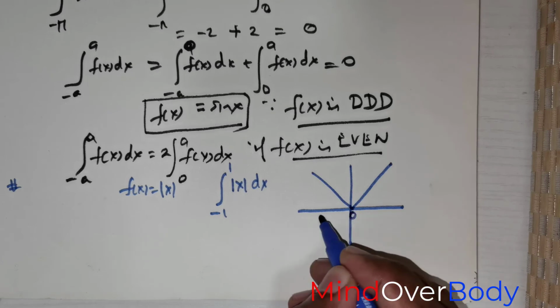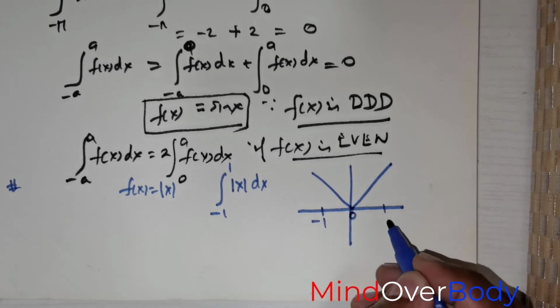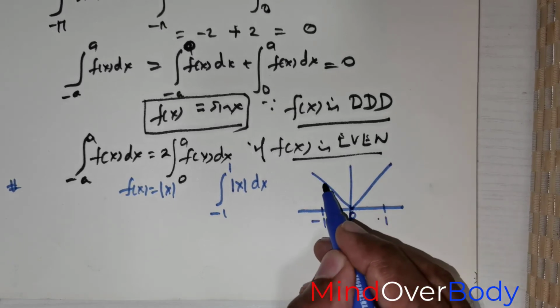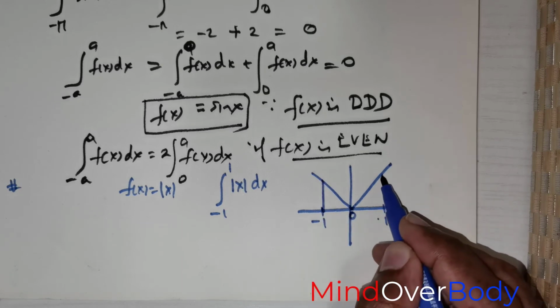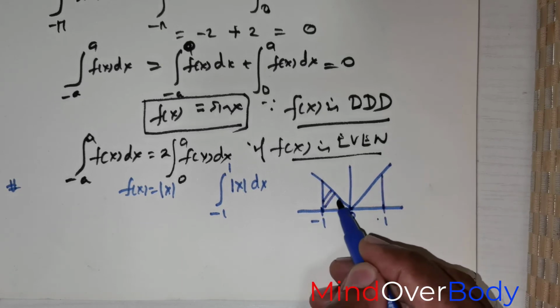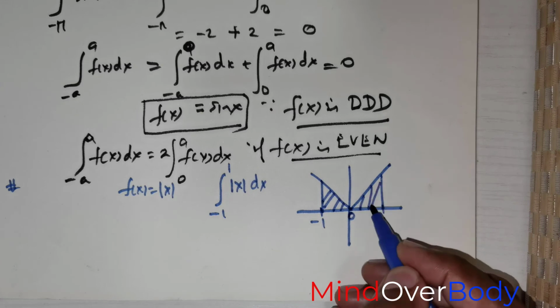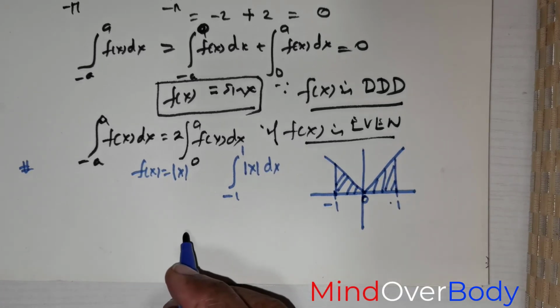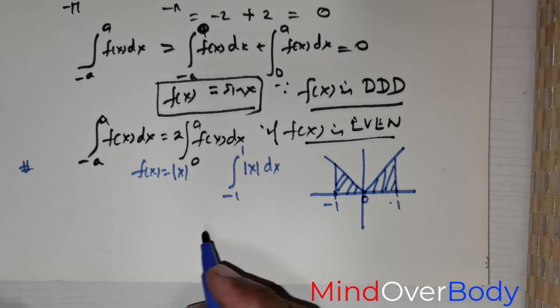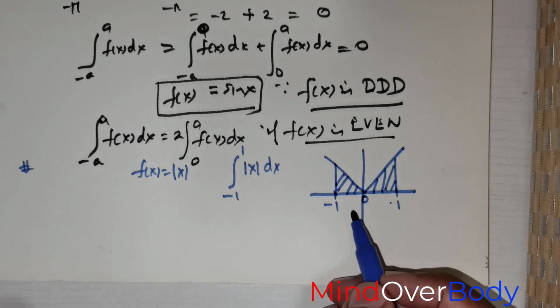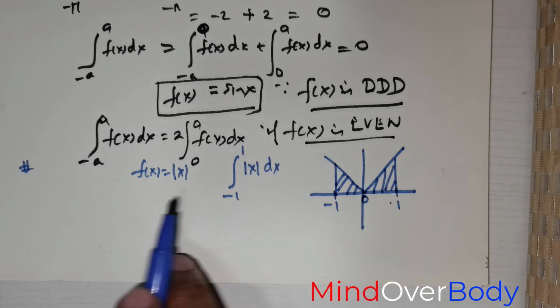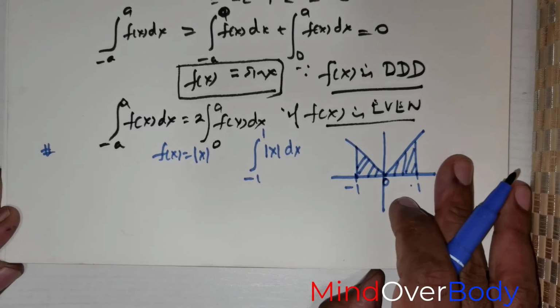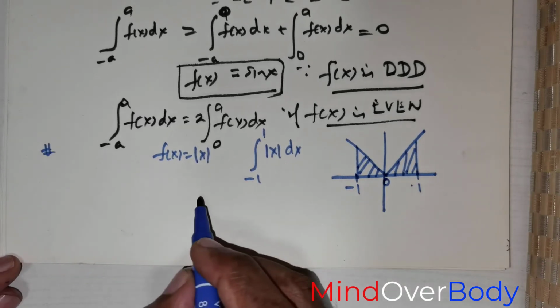So this point is 0. If I were to take this as negative 1, this as positive 1, and I want to know the area, right? Now let me just apply the concept of integration. I'm not using a graphical technique here. First let me go with the usual method of integration.